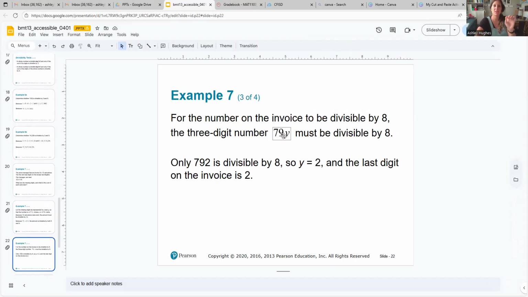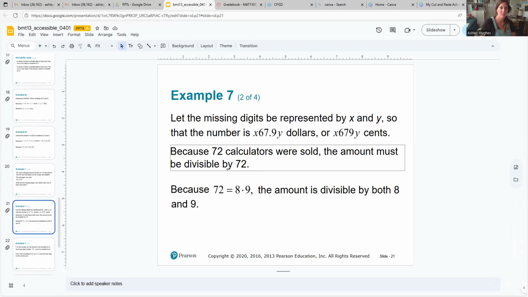So that means 79y, the last three digits here, need to be divisible by 8. Remember, these last three need to be divisible by 8. And then it also means that x plus 6 plus 7 plus 9 plus y needs to be divisible by 9 because that's the rule for 9s.